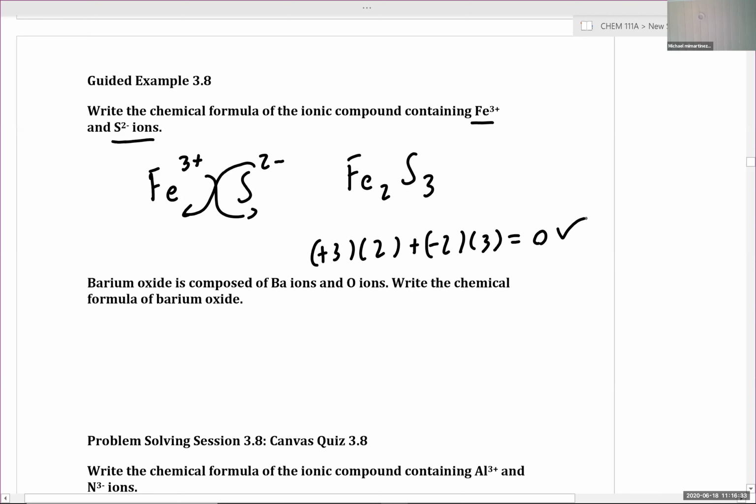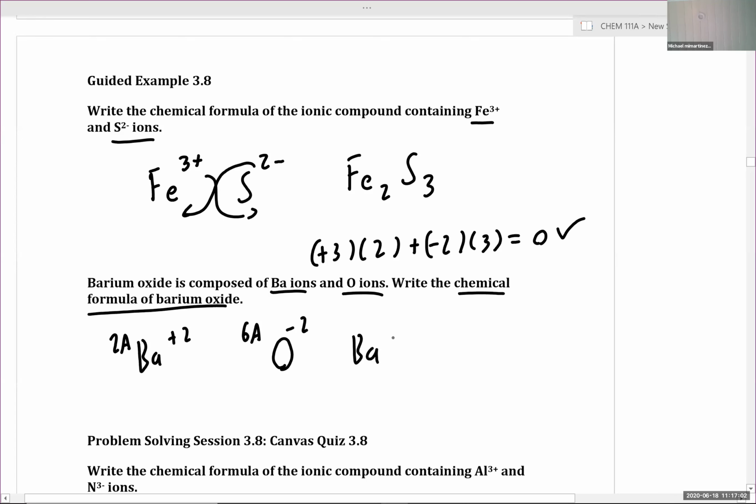Barium oxide is next, composed of barium ions and oxygen ions. We have to write the chemical formula of barium oxide. First and foremost, barium, which is a 2A element, will adopt a preferred charge of +2. Oxygen, which is a 6A element, adopts a preferred charge of -2.